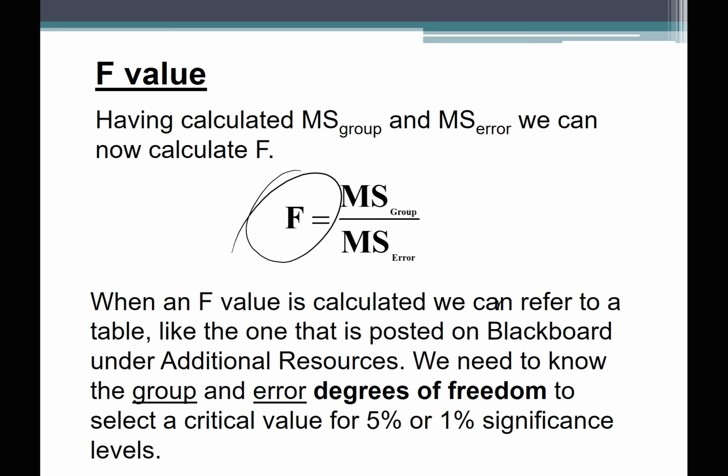Like in the t-test, where we had to look in the column and in the row, and one of them was our degrees of freedom, and the other was probably what alpha level you wanted to use. F is going to be kind of similar to that, in that we're going to have to look at both the group degrees of freedom and the error degrees of freedom.